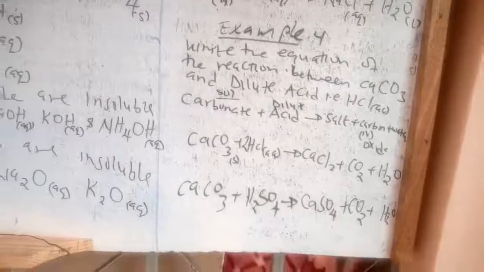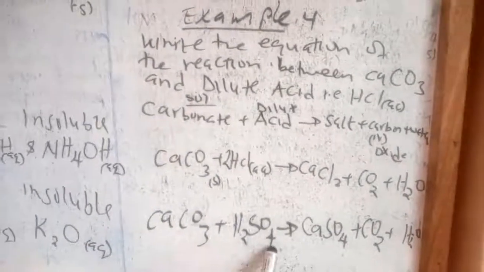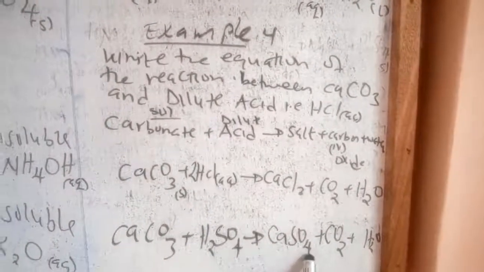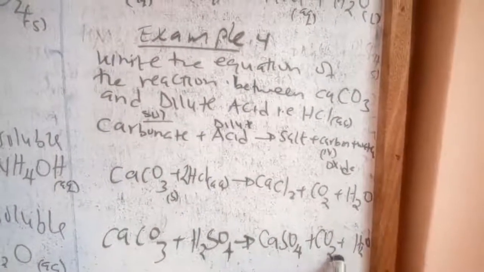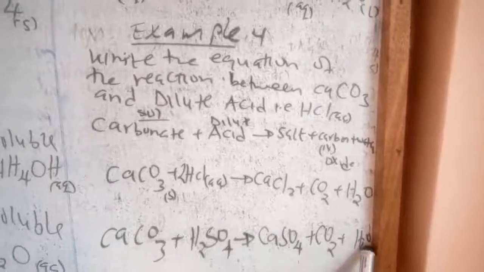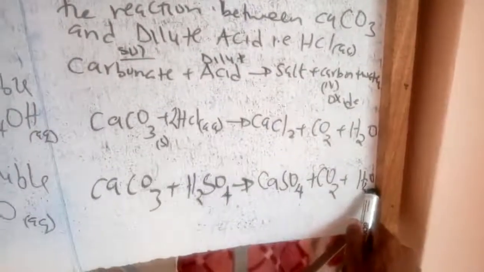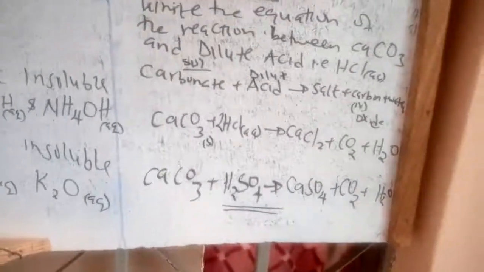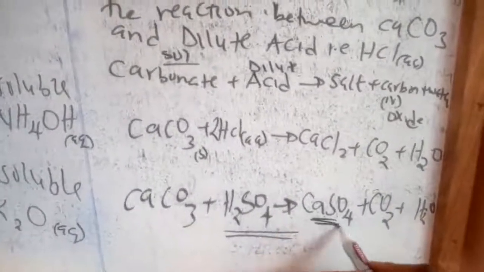And how many oxygen are there on both sides? Oxygen are 7. And what about 7 on the reactant side? That is 3 plus 4, that is 7. What about on the product side? We have 4 plus 2, that is 6, plus 1 because of the water molecule. You will end up getting 7 also, and therefore this stoichiometric equation is well balanced, and therefore the name of this salt is calcium sulfate.